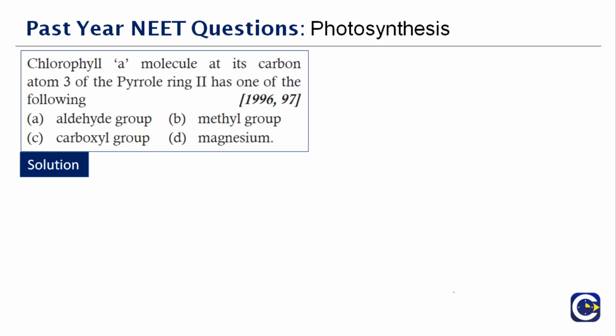See, we all know that we have chlorophyll A, chlorophyll B. There are different things, right? Now talking about chlorophyll A, what else can you say about that? Chlorophyll A is a specific form of chlorophyll which is used in oxygenic photosynthesis.